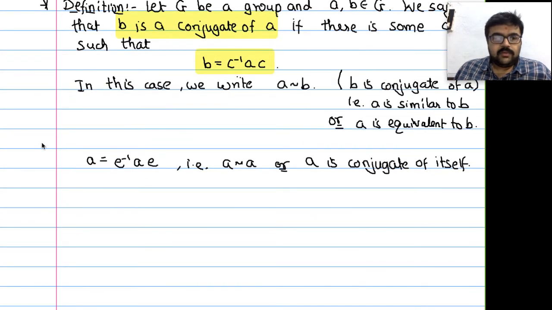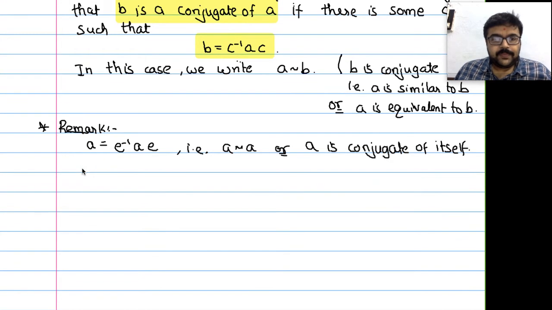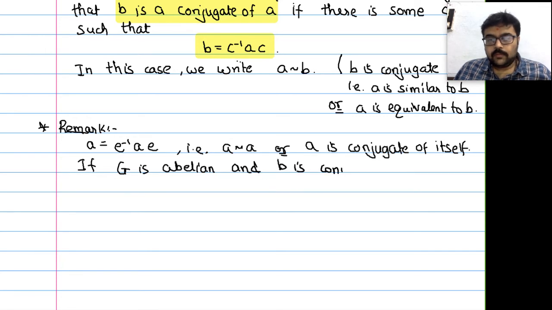So we can state this as a remark: A is conjugate of A, and if G is abelian and B is conjugate of A, then what is B?